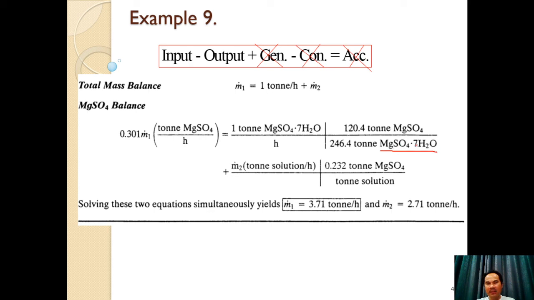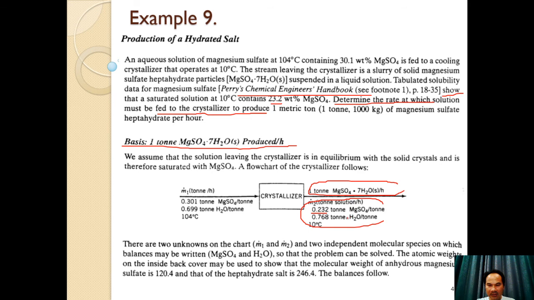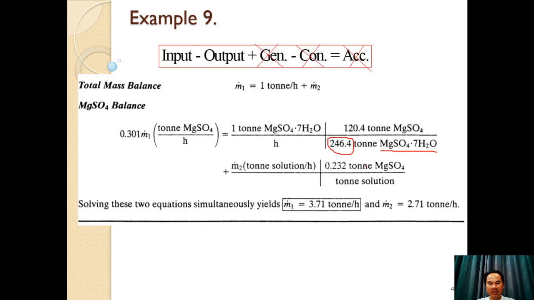For magnesium sulfate with 7 molecules of water, the molecular weight is more than 246. But for this case, it includes 0.488 ton of magnesium sulfate, calculated based on the molecular weight relation. Then the magnesium sulfate in solution is 0.232 ton magnesium sulfate per ton multiplied by M2. Then you can solve for M1 and M2.